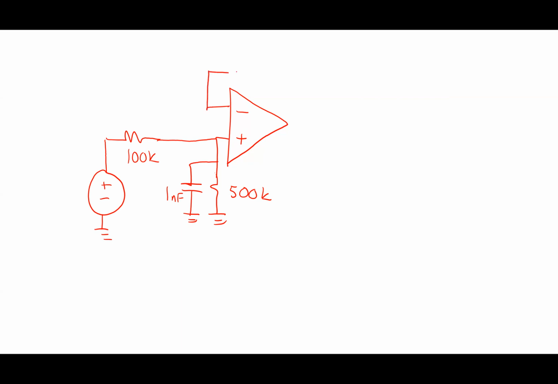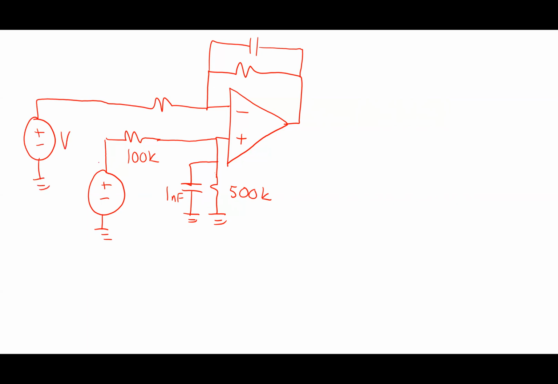Which one do I call V2? Let's call this V1. Let's call this V2. This is 100K, 500K, 1 nanofarad.